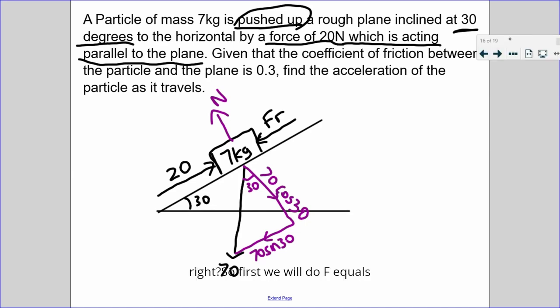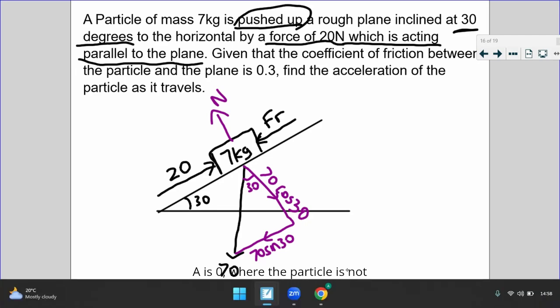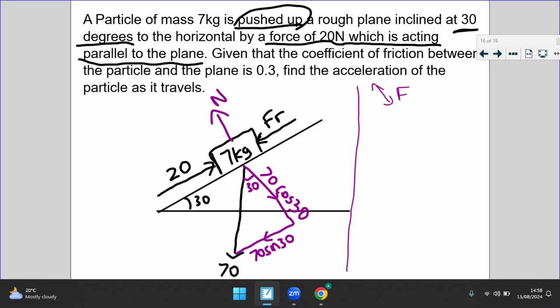Right. So first we will do F equals ma in the direction where a is 0, where the particle is not moving. So we are doing F equals ma in this direction. Again, because a is 0, it doesn't matter. So let's do up minus down equals ma.